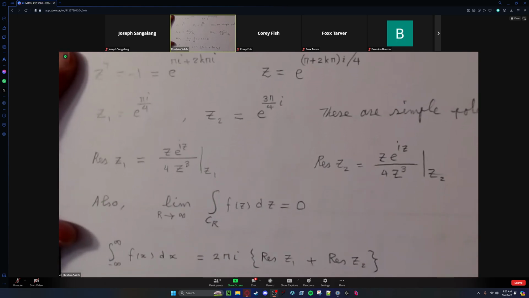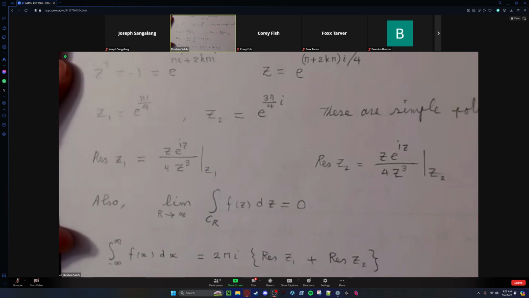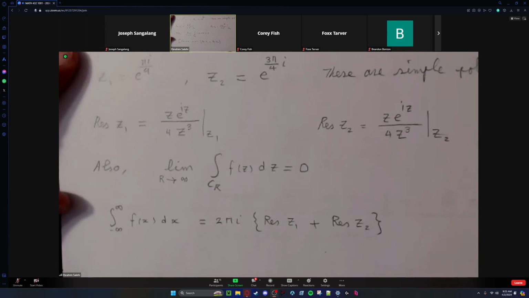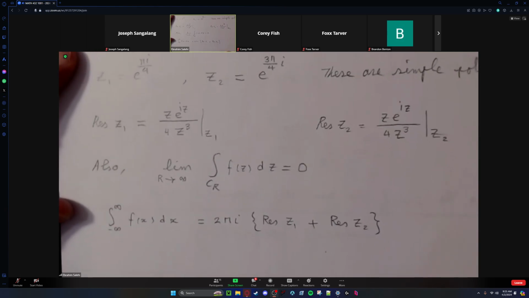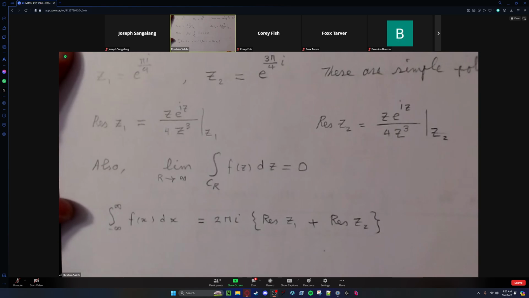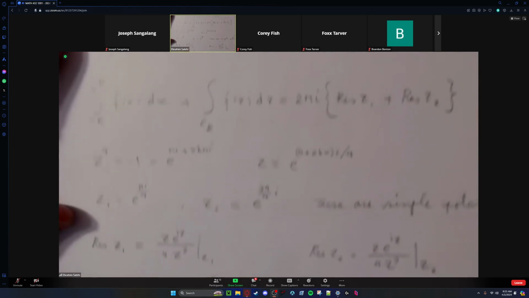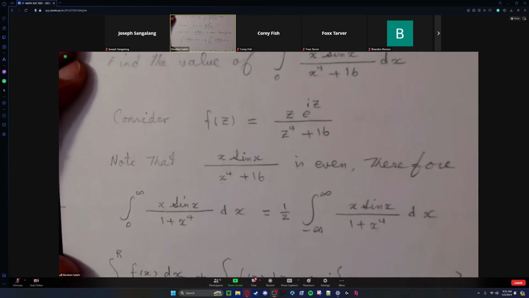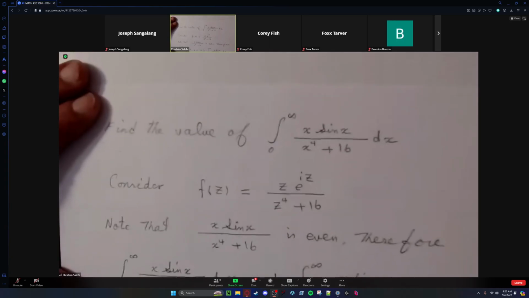Now here is where the question comes in and becomes very important indeed. f of x, which is this one, by the way, here is f of z.